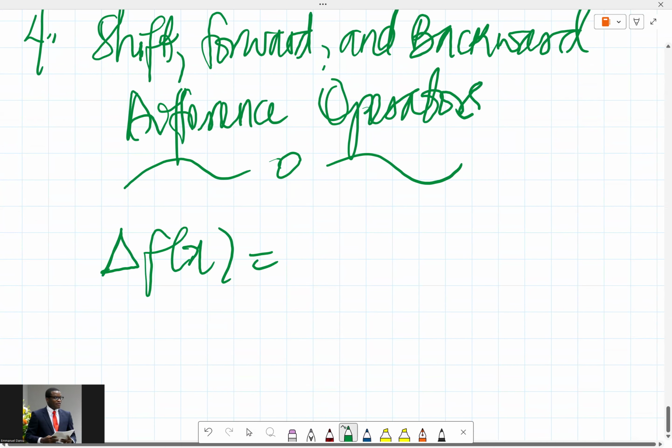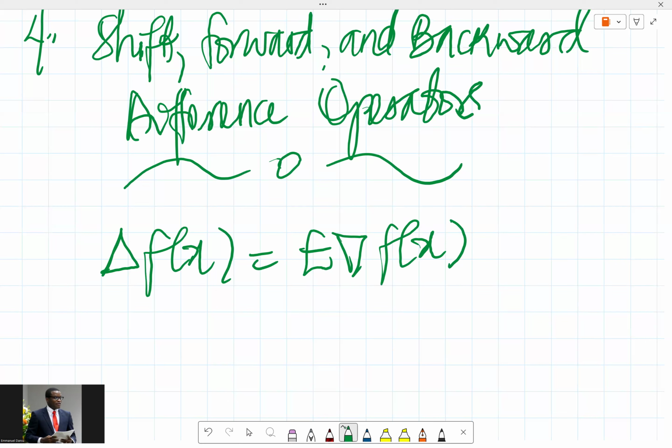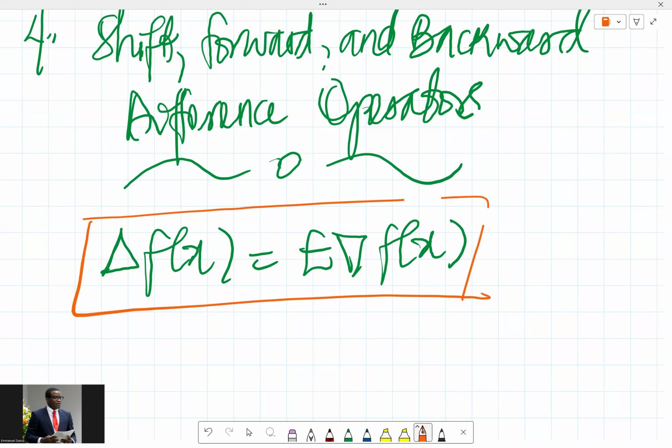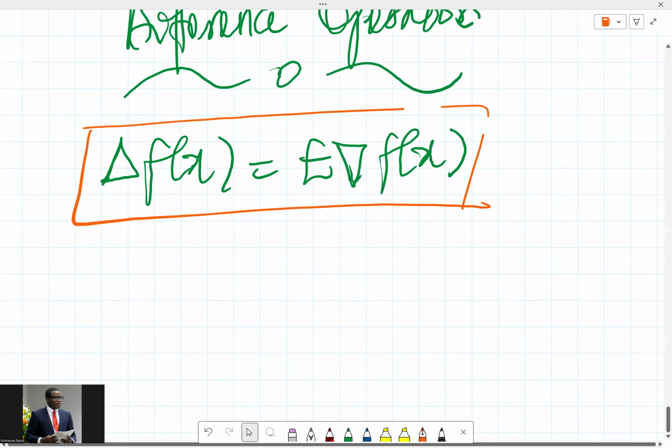That connection is this: the forward difference of f of x is the same thing as the shift operator multiplied by the backward difference of f of x. So that's one nice relationship. That also leads us to another.